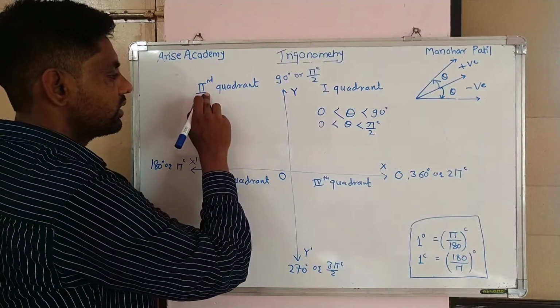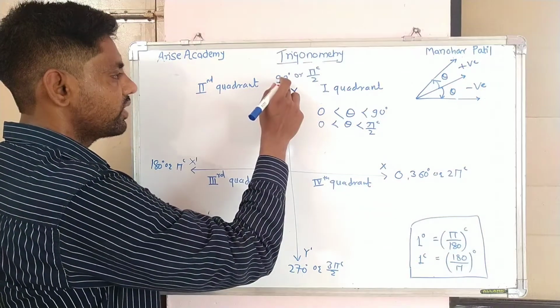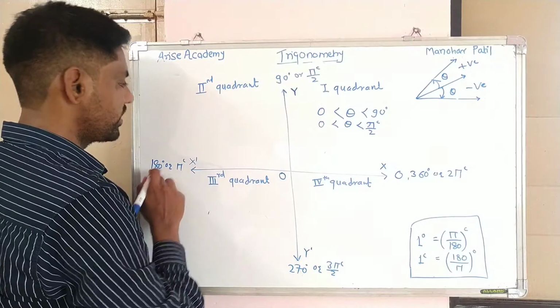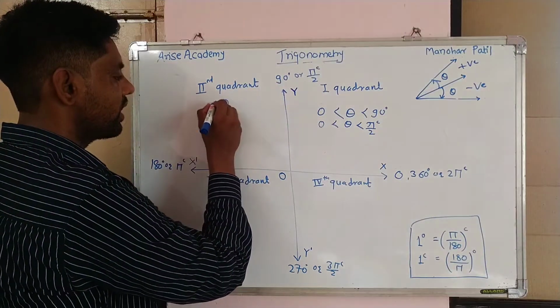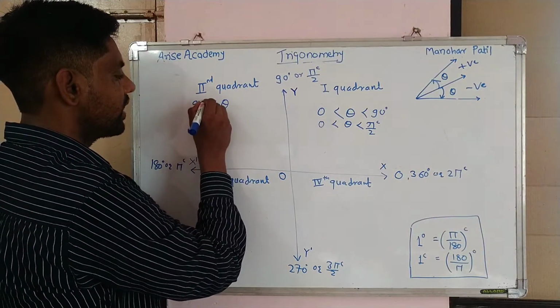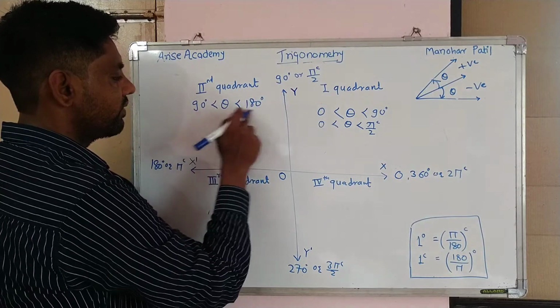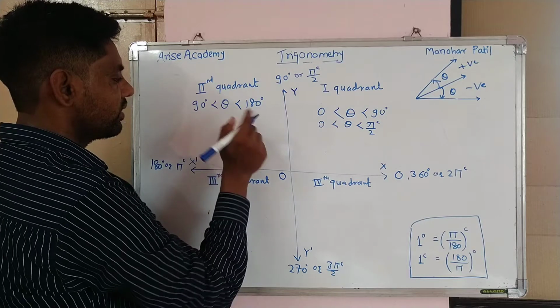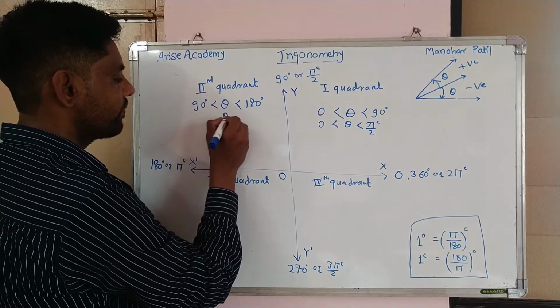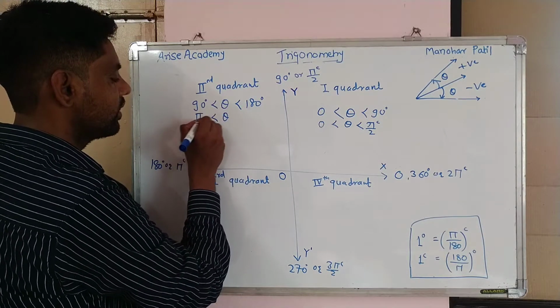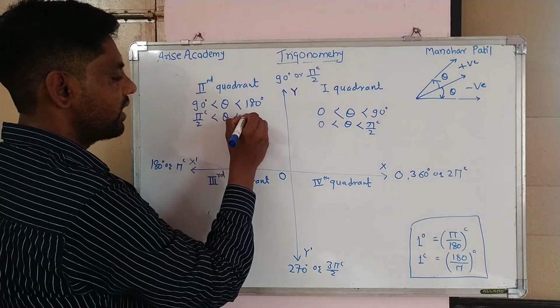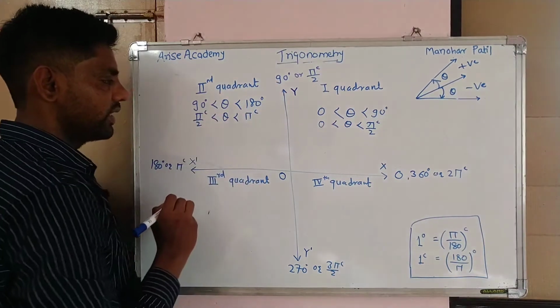In the second quadrant, theta lies between 90 degree and 180 degree. So theta is greater than 90 degree and less than 180 degree. Again we write this angle in radian form: theta greater than pi by 2 radian and less than pi radian.